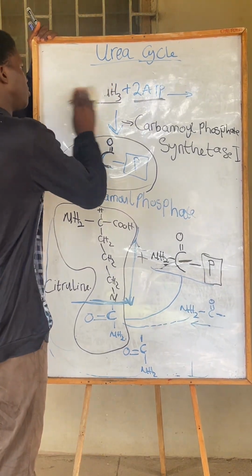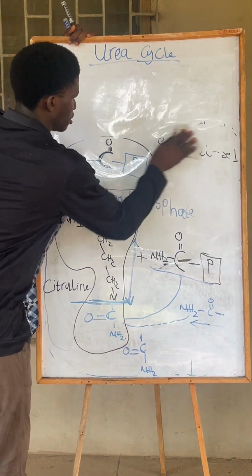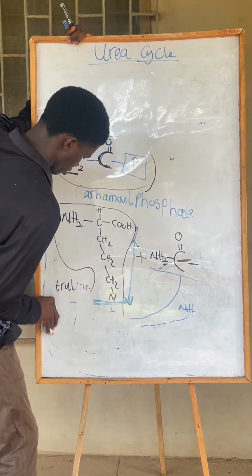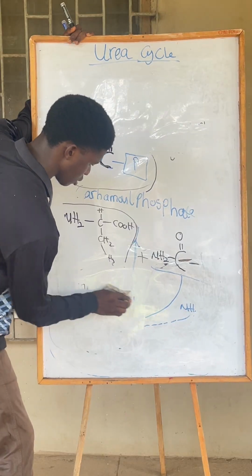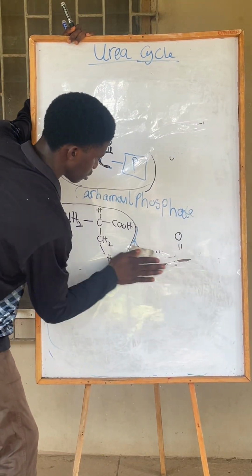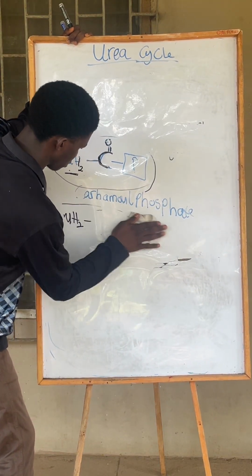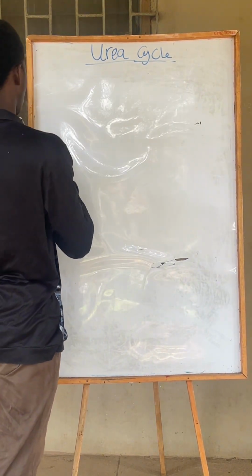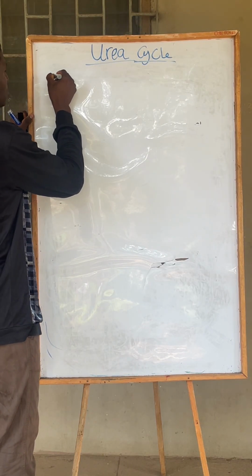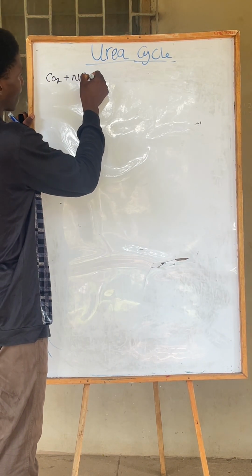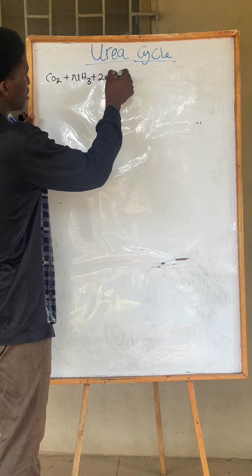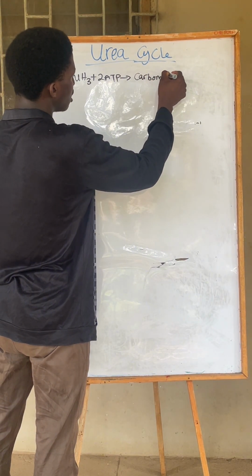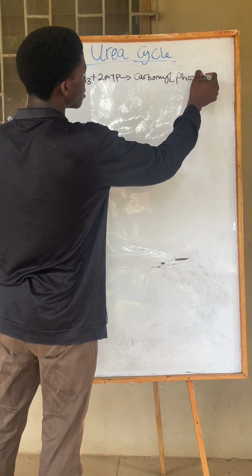What happened to citrulline? So CO2 plus ammonia plus 2 ATP gives carbamoyl phosphate.